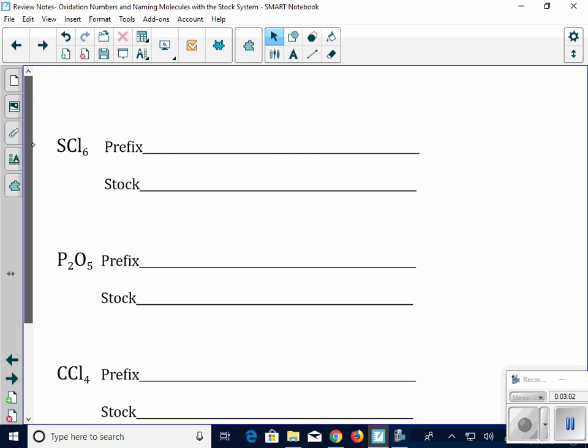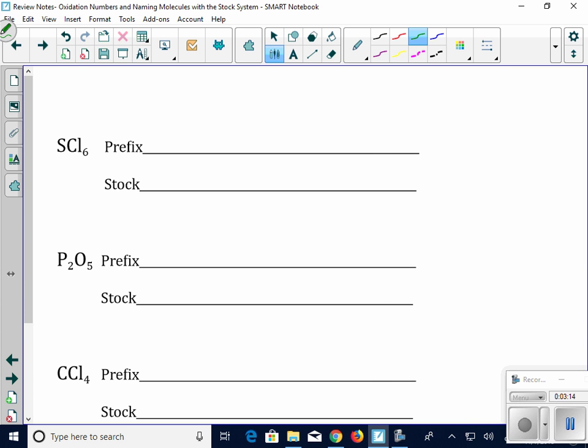Come back up to the top here. SCl6. I know that on my first word, I never use mono, and it's just the word. So the prefix is going to be nothing.